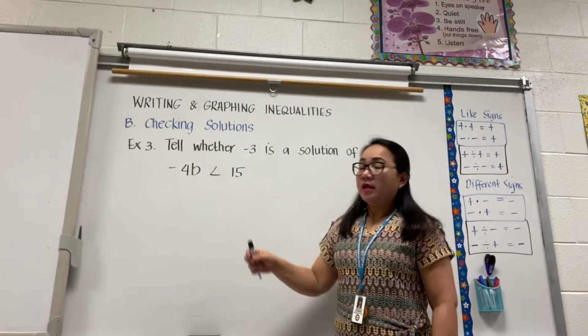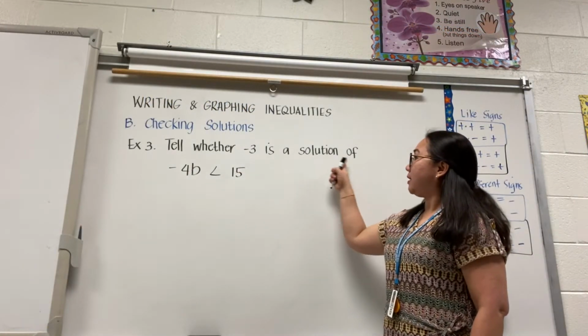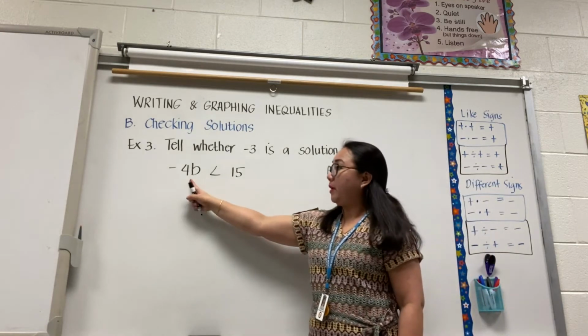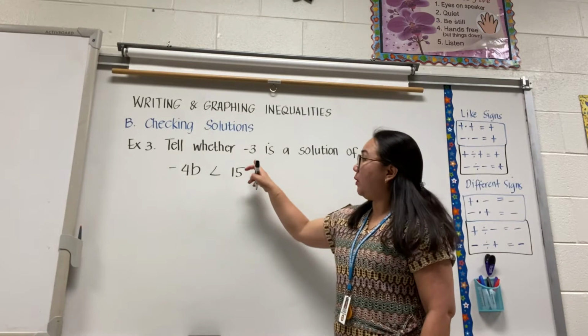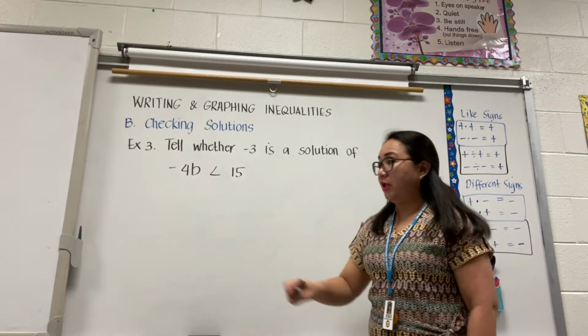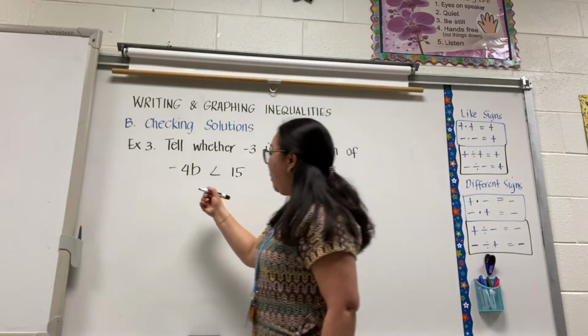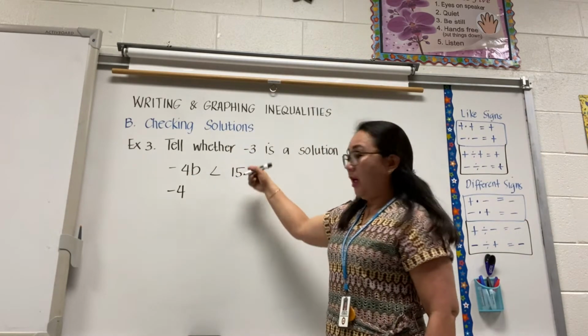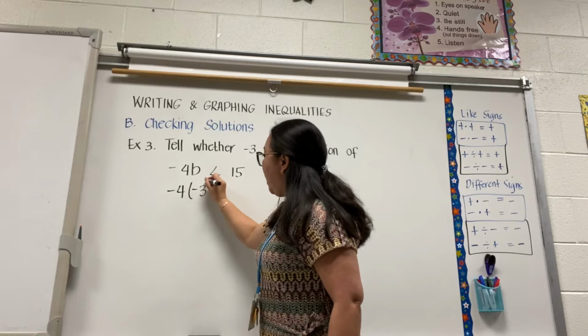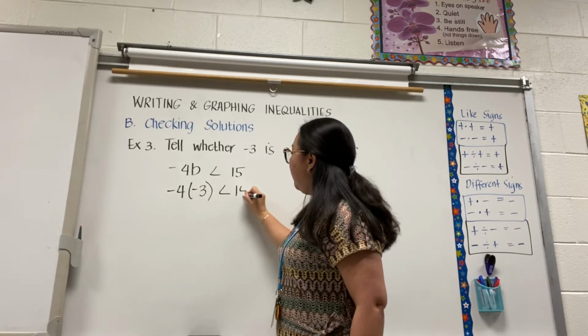Next example, tell whether negative 3 is a solution of negative 4b is less than 15. So the same thing, we will substitute negative 3 for the unknown b. So we will write down negative 4, and then b is negative 3, write down negative 3 is less than 15.